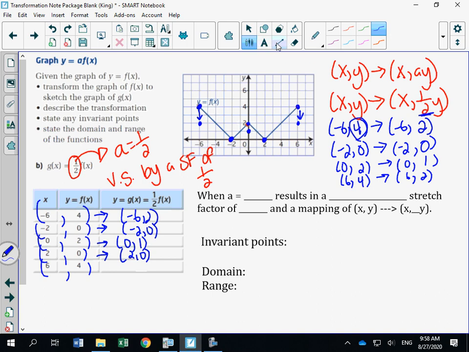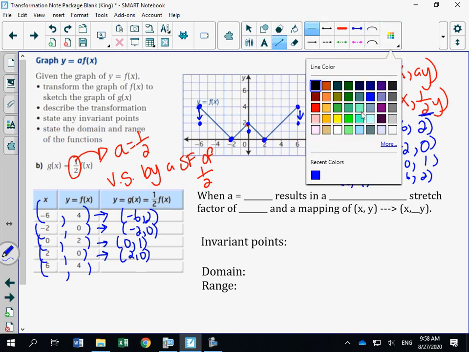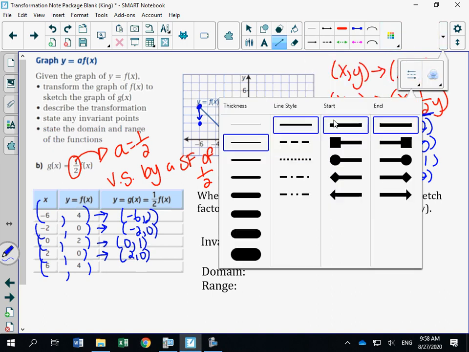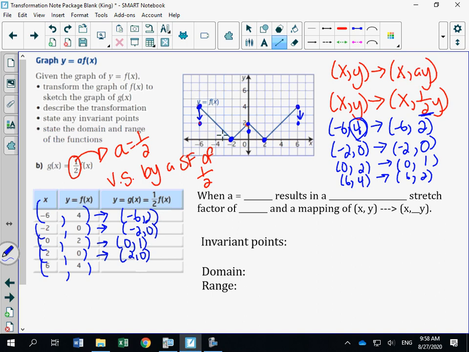Okay, let's take a ruler and it's the exact same shape of the graph, and I've compressed the points.